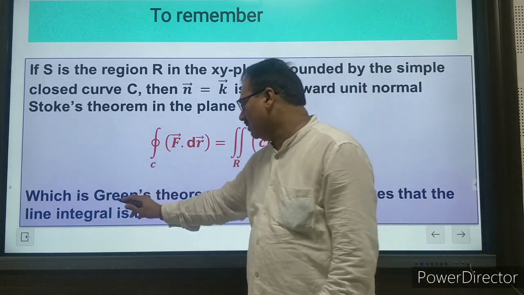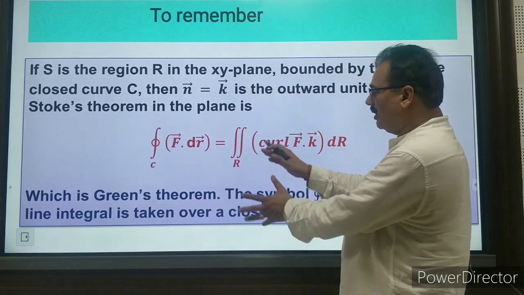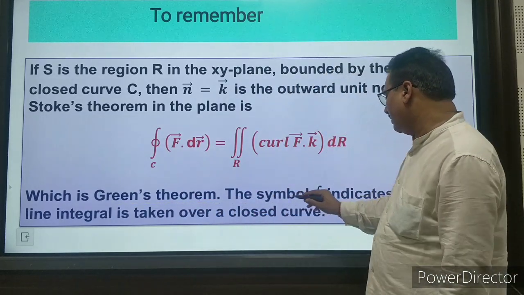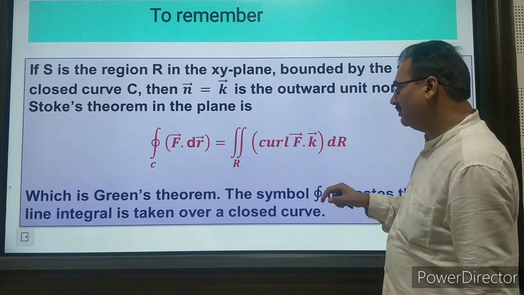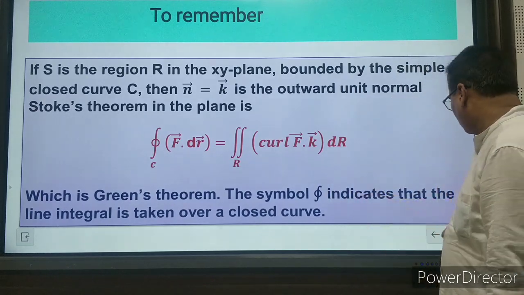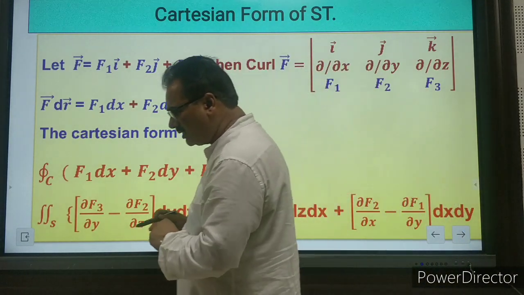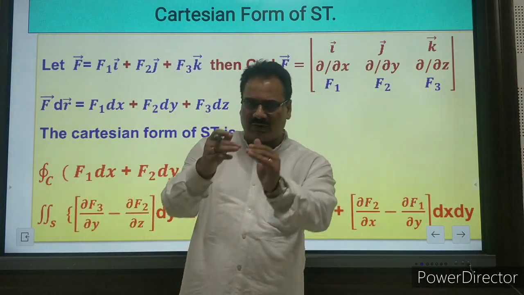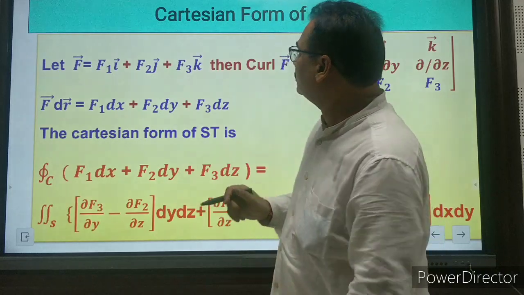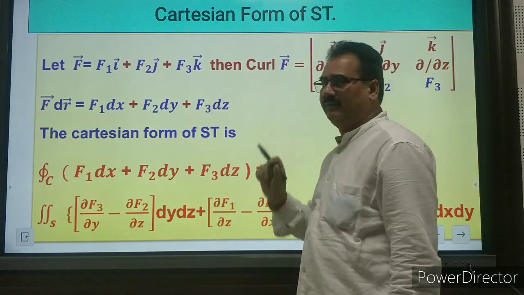This is nothing but Green's theorem. So this is a particular case of Stokes theorem. Now, what is the Cartesian form of Stokes theorem?